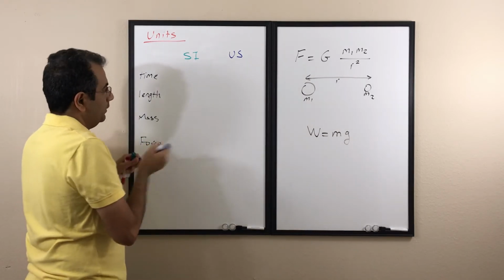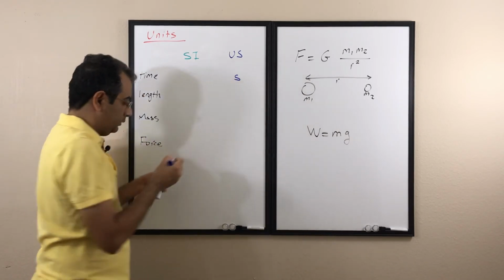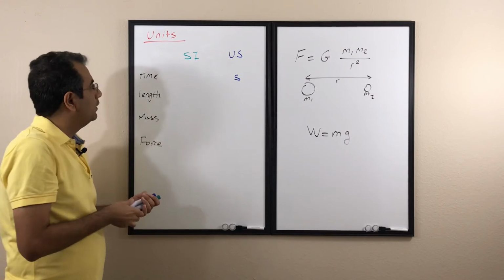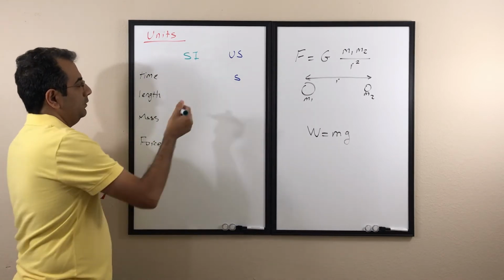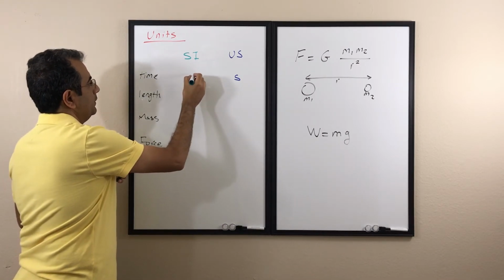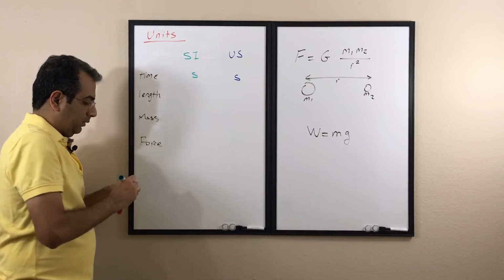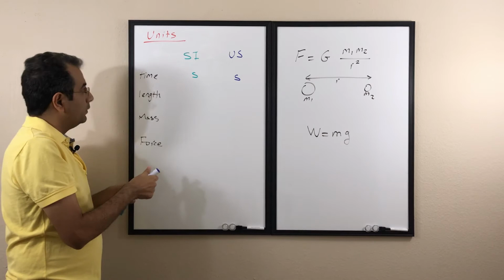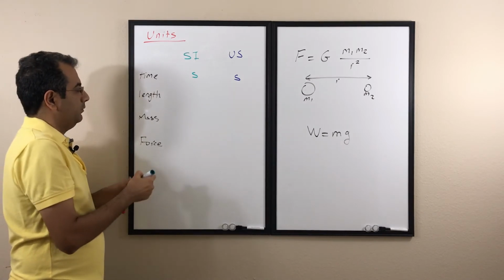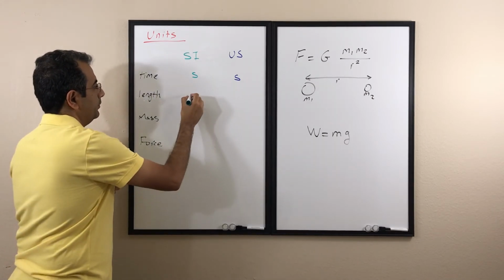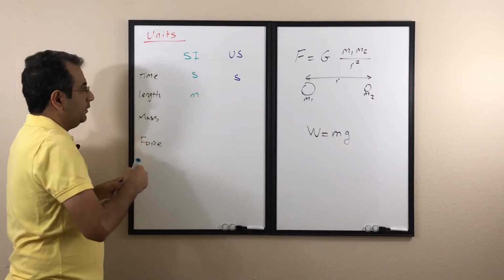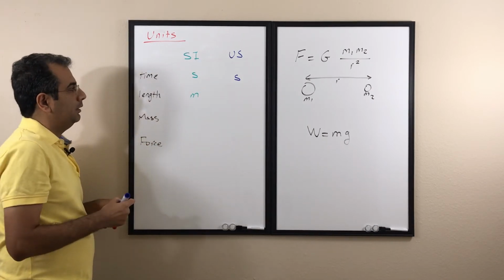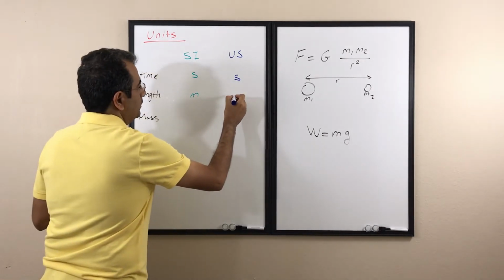Time for both of them is the second. For the length, for the SI unit it's going to be the meter, and for the US it's the foot.